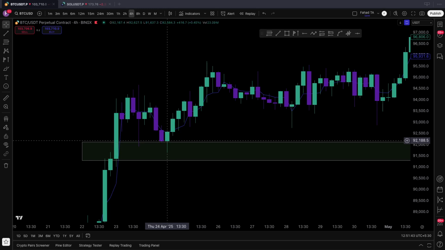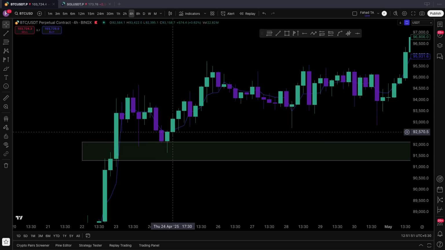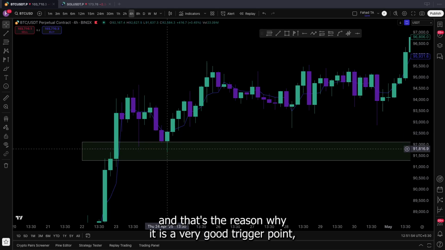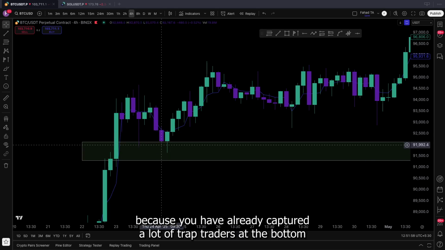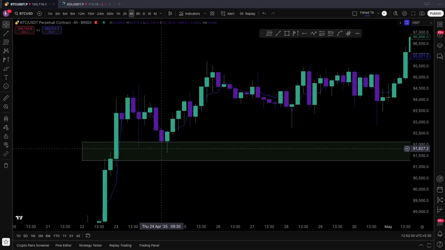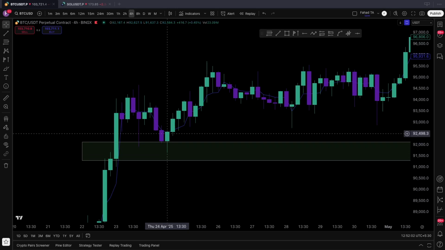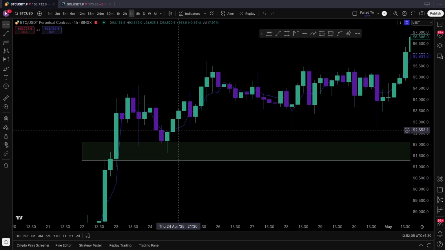Market is showing a good strength. It closed green. Obviously it opened here and then closed above the opening, so that's the reason why it closed green. So the market is showing a lot of strength here, and that's the reason why it is a very good trigger point, because you have already captured a lot of trapped traders at the bottom. Market has closed green. This can be a great trigger point for you to enter into this trade.